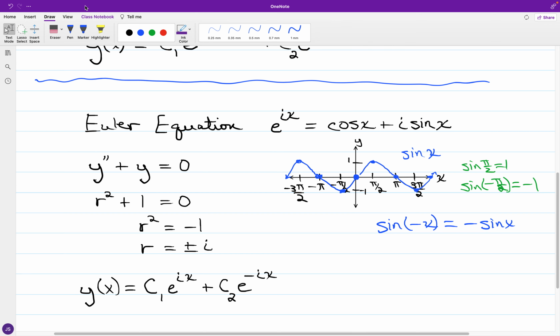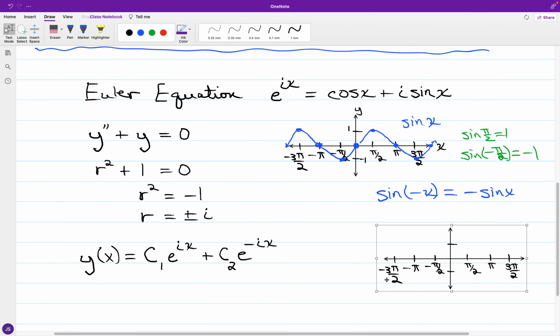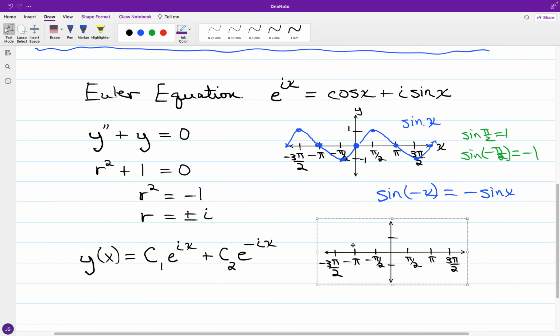And for the cosine function, in terms of this wave pattern, cosine of 0 is 1, cosine of pi over 2 is going to be 0, and at negative pi over 2 also 0, while at negative pi and pi, cosine is negative 1, and so on.